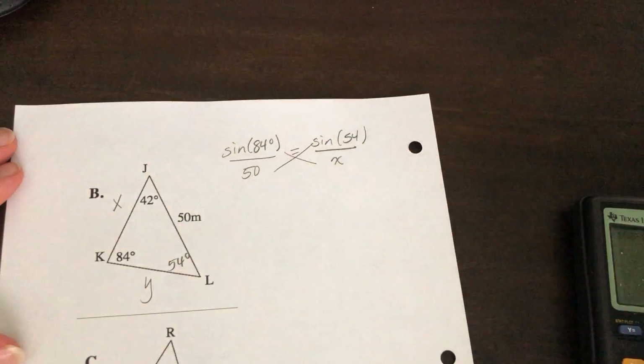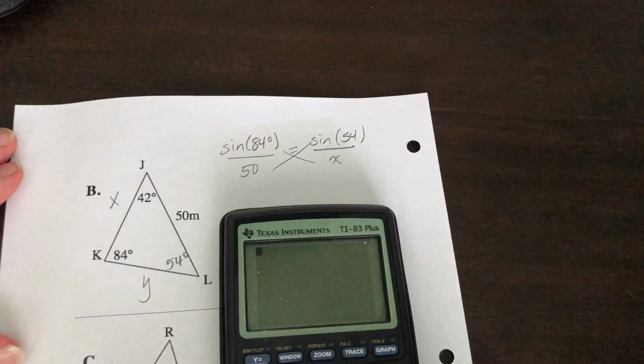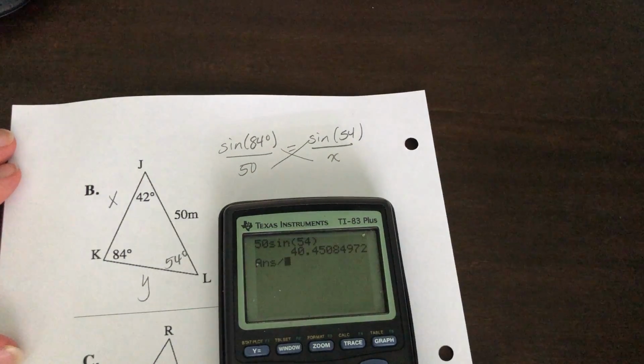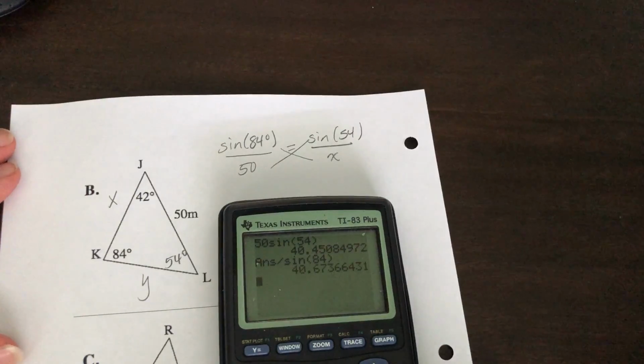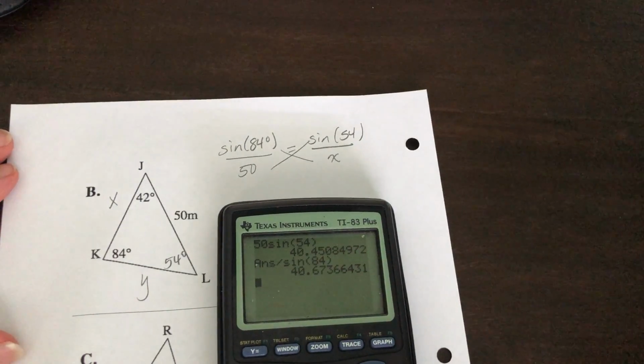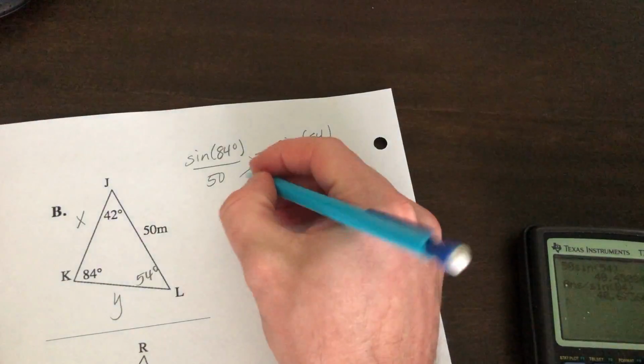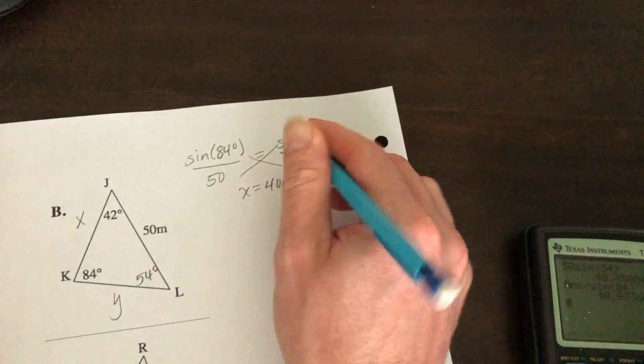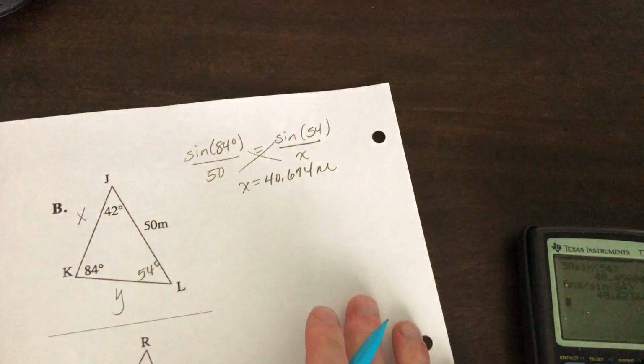So we're going to cross multiply and divide. So we'll do 50 sine of 54 divided by sine of 84, and we get 40.674. And that's going to be meters.